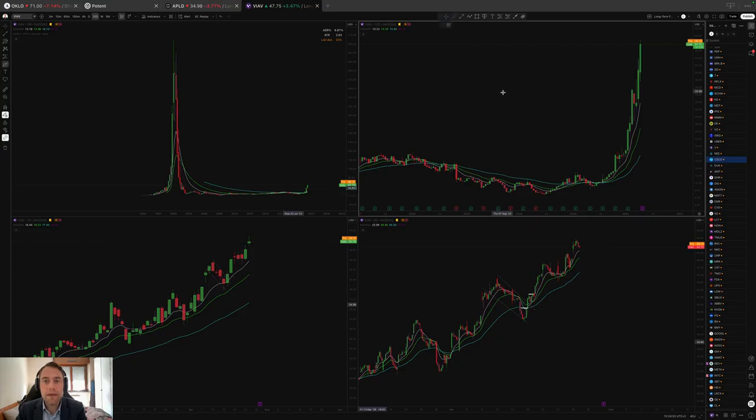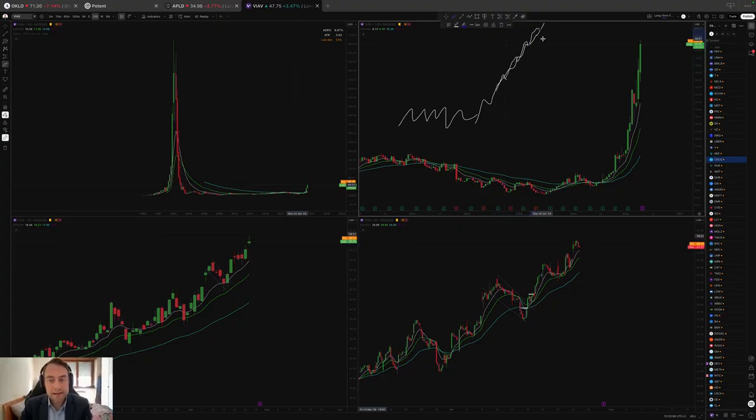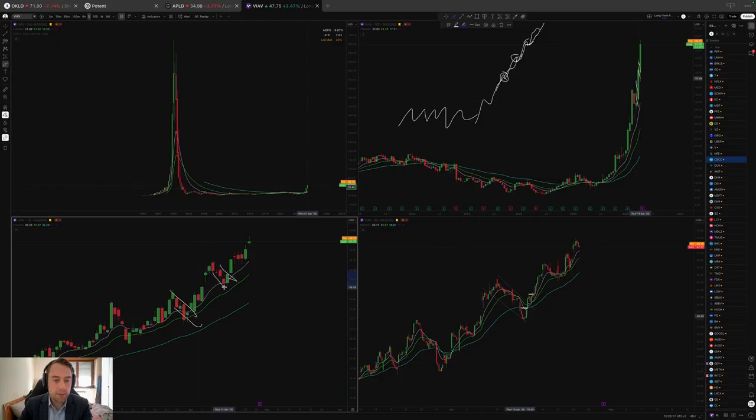If you think about the cycle, we have the accumulation, then we have the markup, and inside of this markup, we have small pullbacks. These small pullbacks are nothing else than these pullbacks.